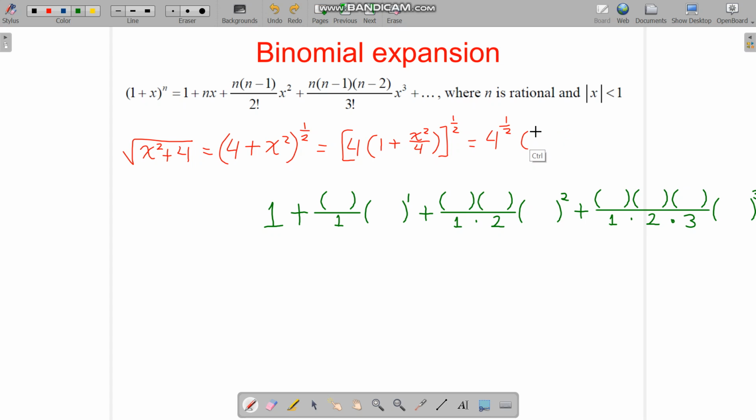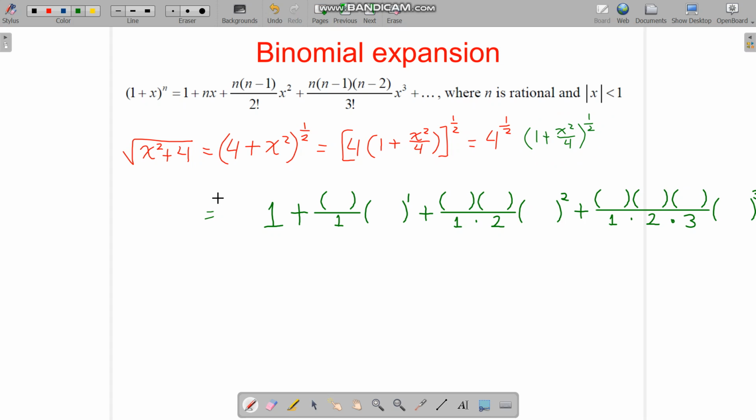I'm using green for this last form. This is the binomial expansion. We're going to use the formula for this part only, and therefore we have the square root of 4 is 2.